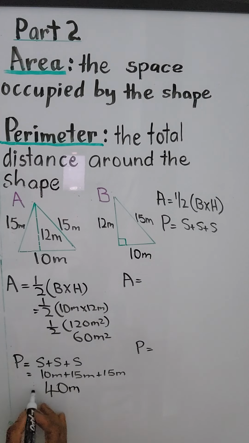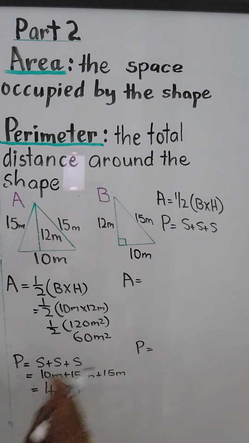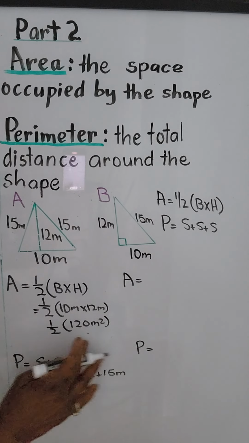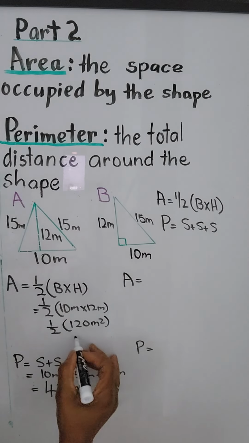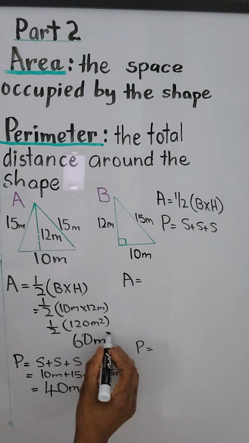So the perimeter is 40 meter, and the area 60 meter squared.